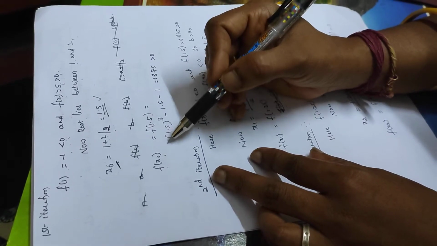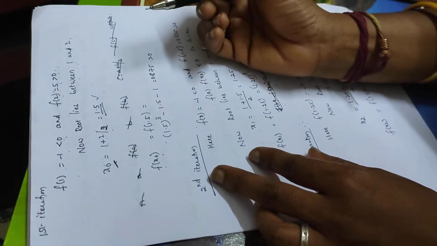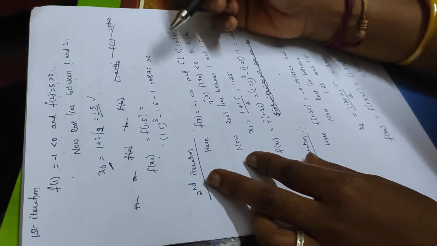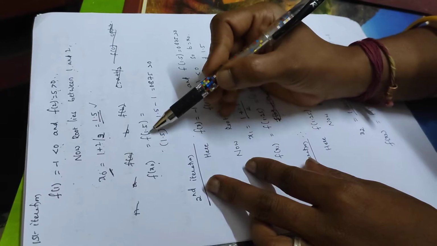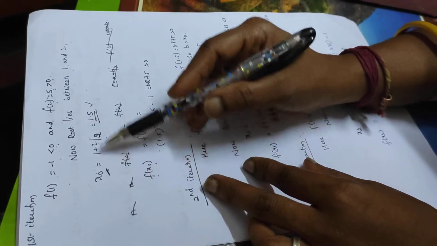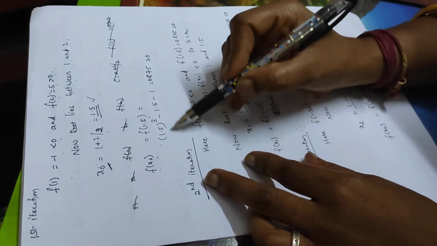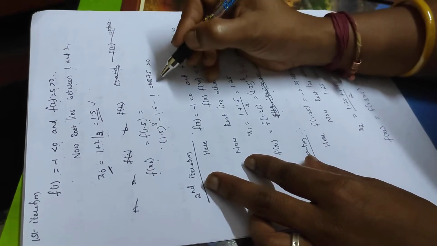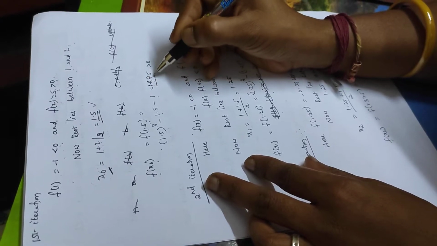If f(x0) is 0, then x0 is my answer. Otherwise I need to take the next interval. Substituting 1.5 in f(x), that is 1.5 cubed minus 1.5 minus 1, I get 0.875.